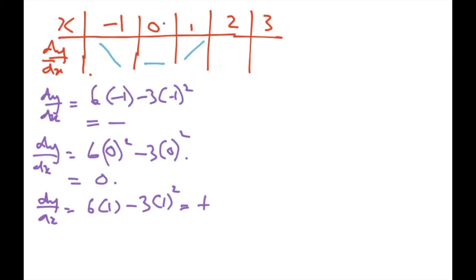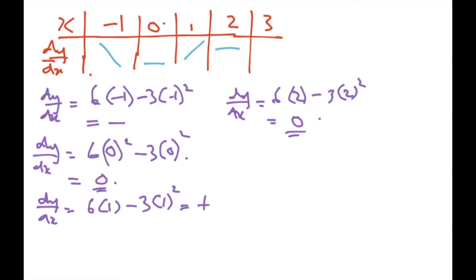Next, dy/dx, this time I'm going to choose 2. So 6 times 2 minus 3 times 2 squared, and the answer is 12 minus 12, which is 0. So if it's 0, it is another stationary point.